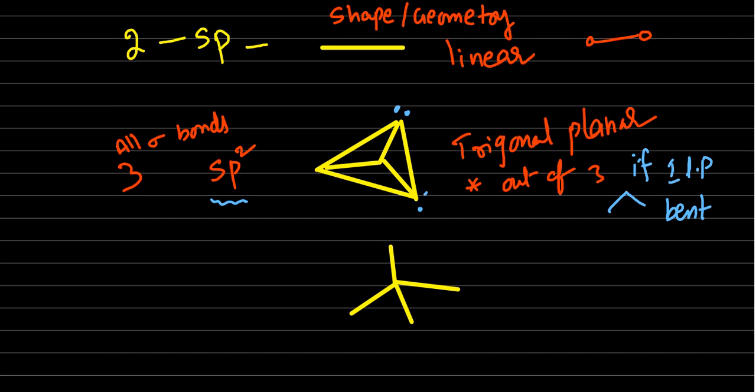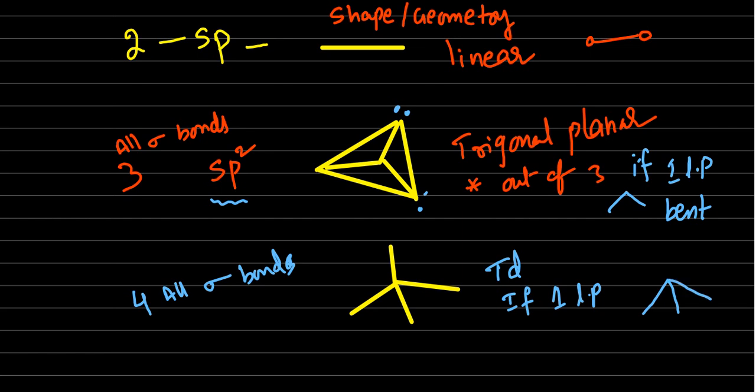Now, if the total is 4, all sigma bonds, then the geometry is tetrahedral. Suppose one lone pair is there, then the geometry is trigonal pyramidal. Just keep the lone pair in one place, and the remaining is a pyramidal shape, trigonal pyramidal.